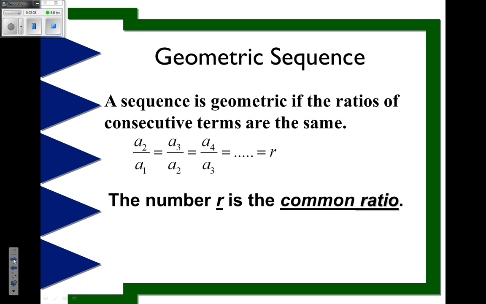I'm going to take the second term and divide by the previous term. Then I take the third term and divide it by the second term, and then the fourth term and divide by the third term, it should all be the same. So if they're all the same after you divide, then you know you have a geometric sequence. If they're not the same, then you don't have a geometric sequence.